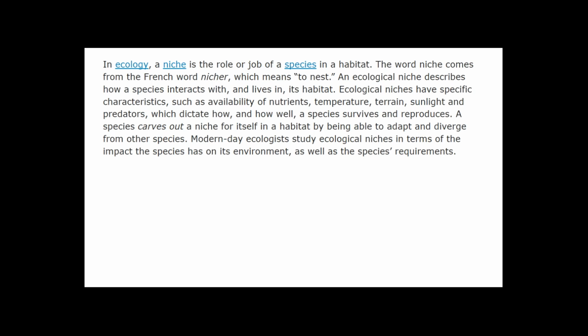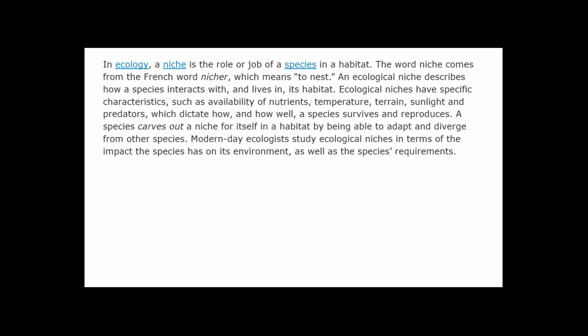So in ecology, a niche is a role or job of a species in a habitat, and it comes from the word niche, which means to nest. An ecological niche describes how a species interacts with and lives in its habitat. Ecological niches have specific characteristics such as availability of nutrients, temperature, terrain, sunlight, and predators, which dictate how well a species survives and reproduces.